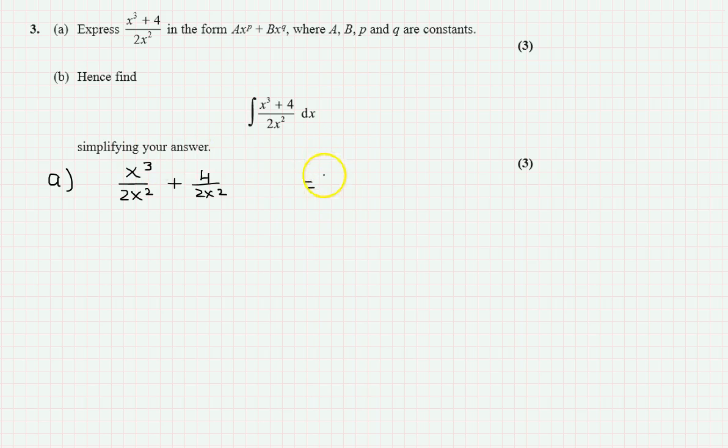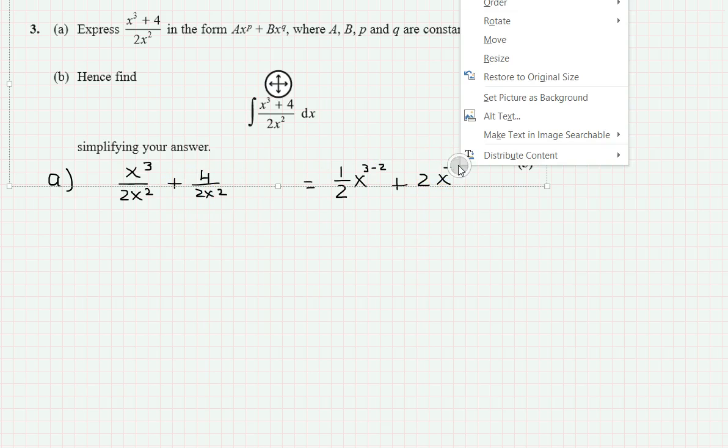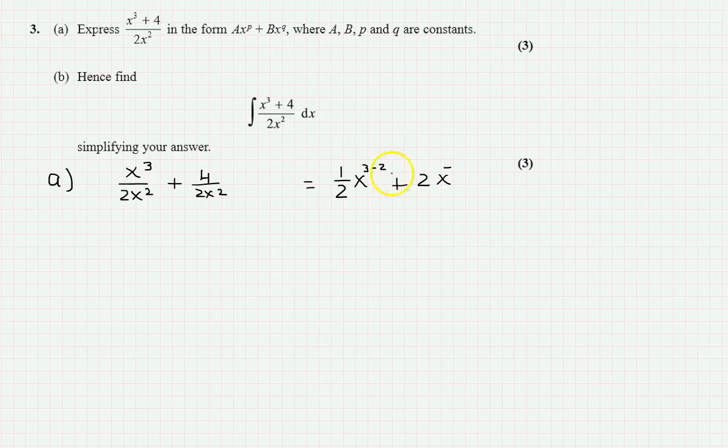So this will be 1 over 2 x to the power 3 divided by x squared, so it is 3 minus 2, plus 4 over 2 is 2, x to the power, you can say 0 minus 2, so that is minus 2.